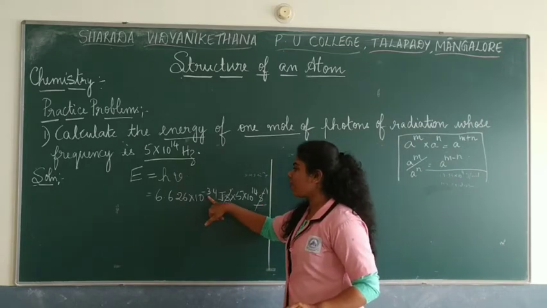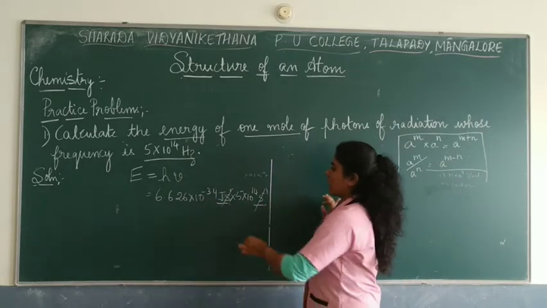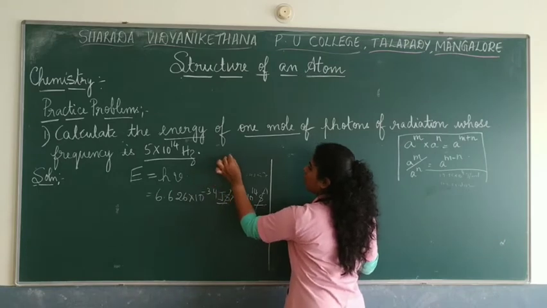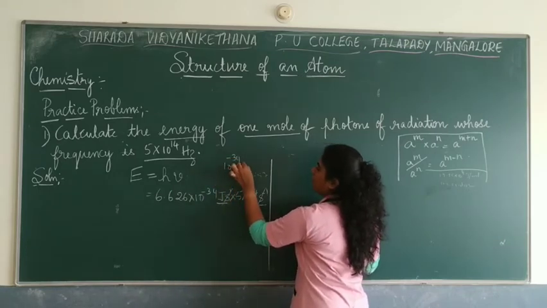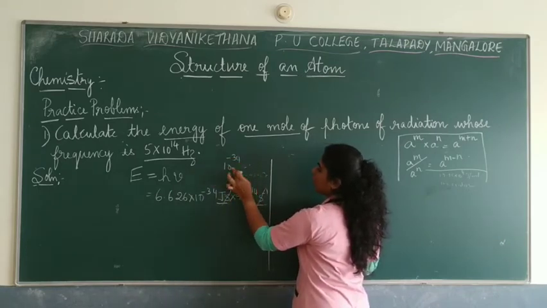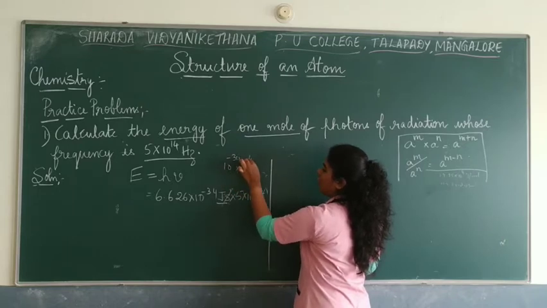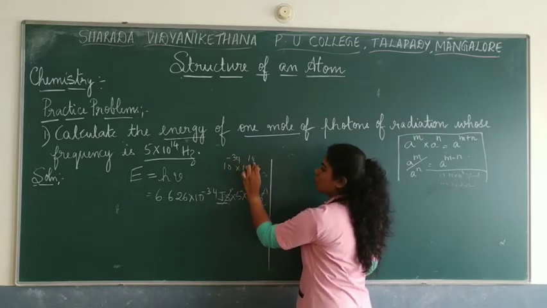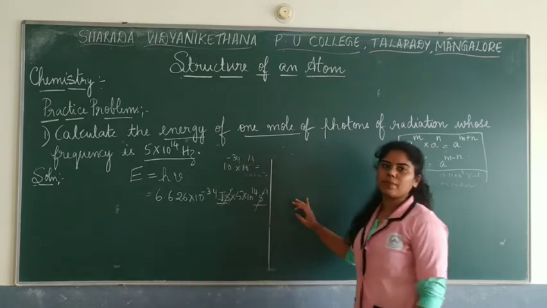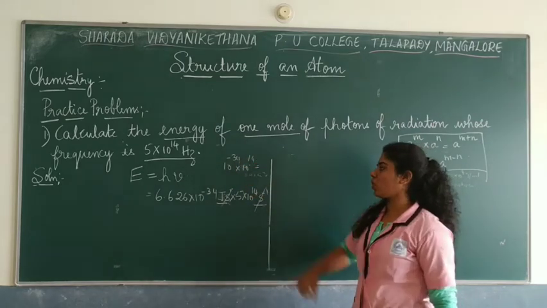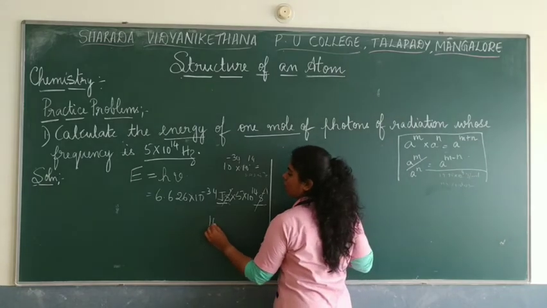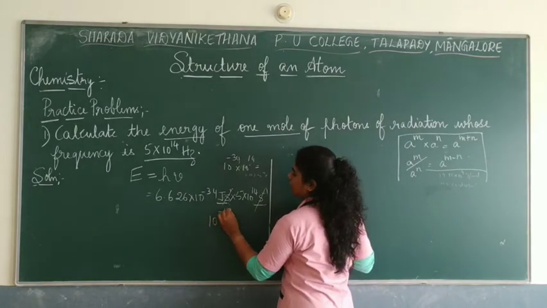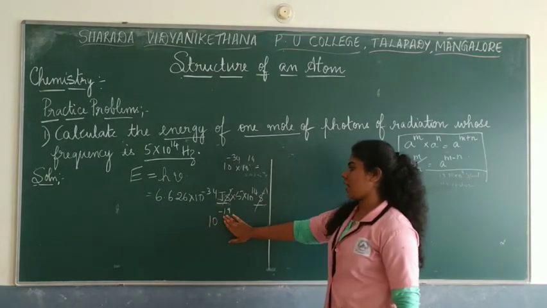In the same way, if you have to solve these powers, here you have 10 to the power minus 34 into 10 to the power 14. So minus 34 plus 14, how much is it? Minus 34 plus 14 becomes minus 20.